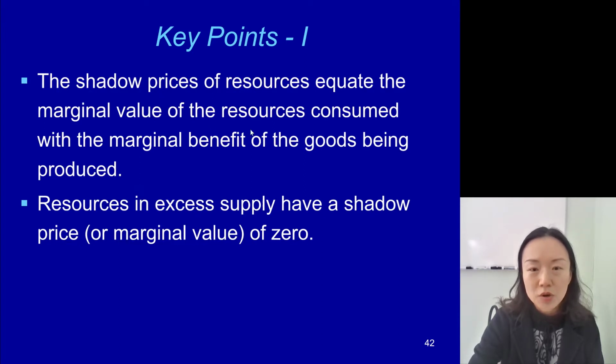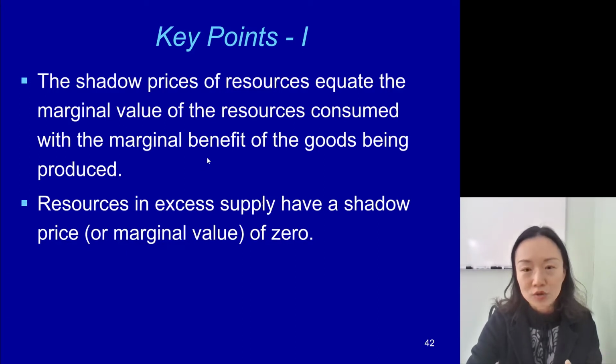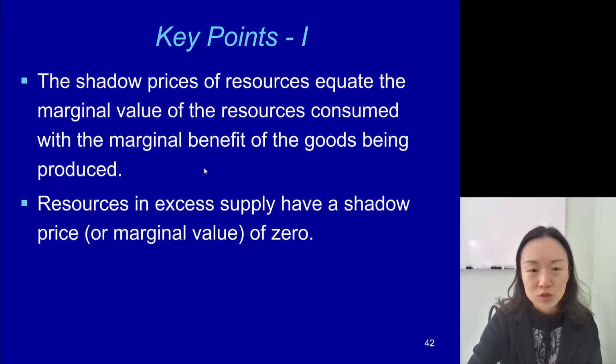So here when we talk about this marginal benefit, we are saying that when you add this resource or when you reduce this resource, how much it's going to impact your objective function value, how much it's going to increase or decrease your objective function value. And if a resource is already in excess supply, then it's not going to have any impact on your objective function value. Thus, its shadow price is 0.